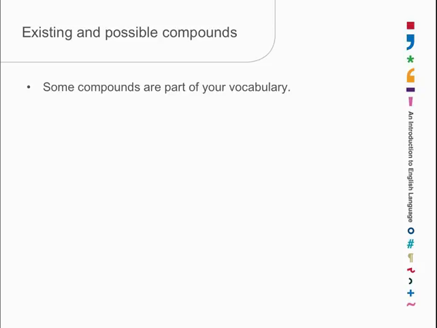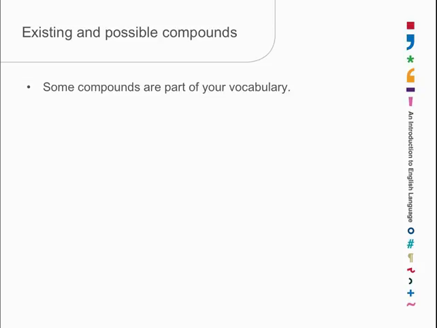For example, a lot of people know that there are things called seahorses and sea cucumbers, sea turtles, but there are no sea cows. There could be sea cows, and there could be sea goats and sea elephants, but there aren't. We haven't needed those words, so they're perfectly possible, but they just don't exist.